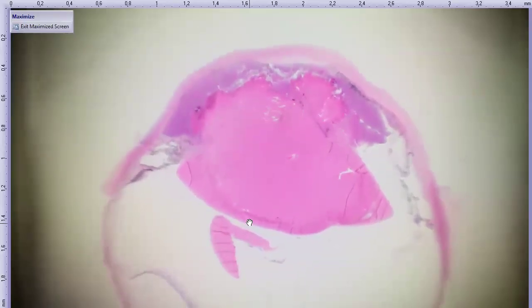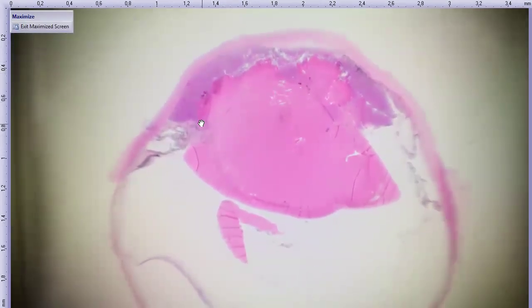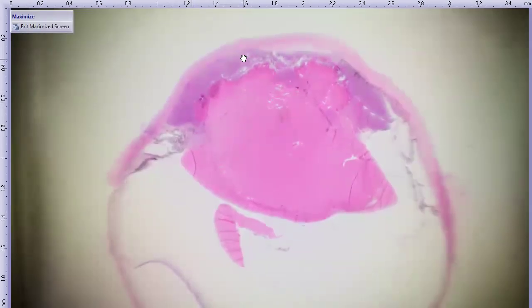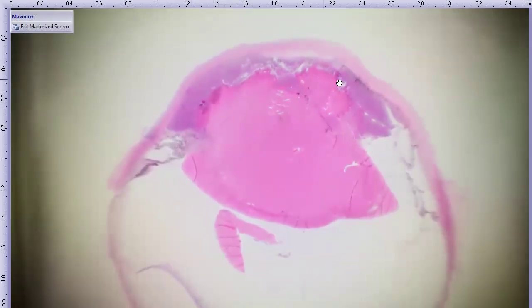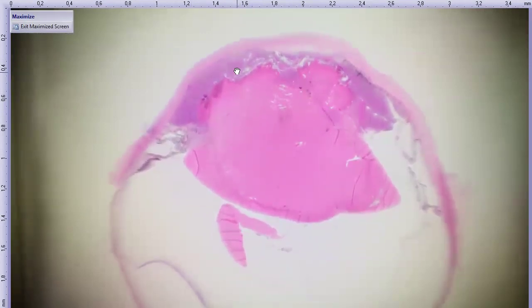So again, here is our cross-section of the globe, cornea again oriented at the top, like the gross photo. And we can see that what we saw to be white grossly is this dense purple infiltrate here. So there's something that is hypercellular in this portion of the eye.